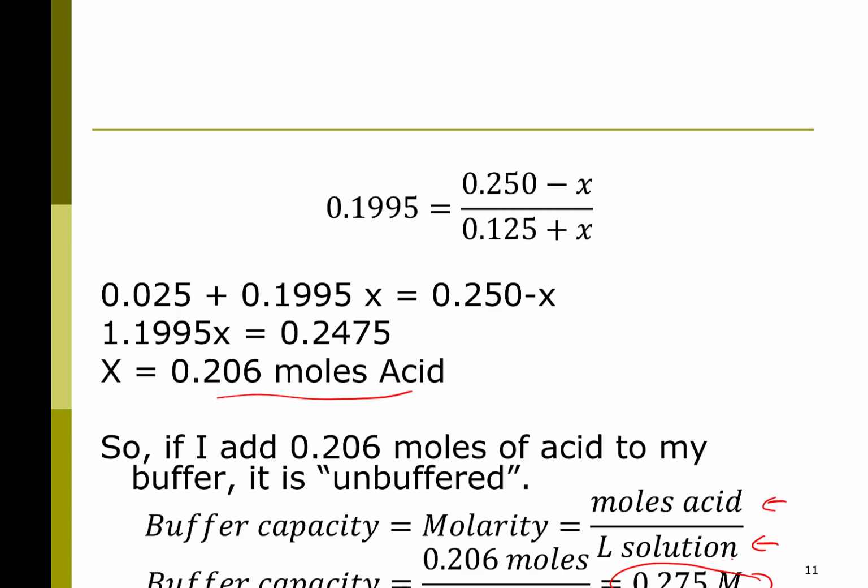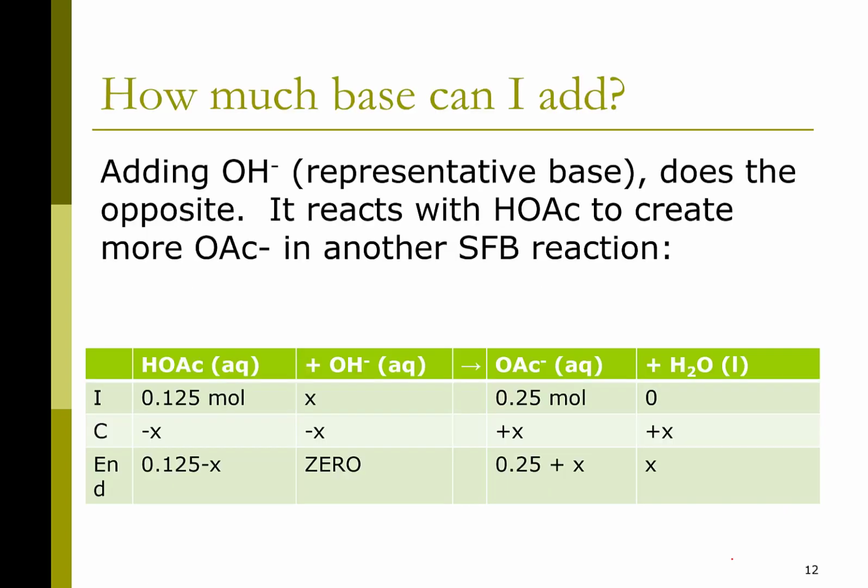The base buffer capacity would be different. Right? It's the same basic process. I'm now going to add an extraneous base. Let's call it sodium hydroxide. Again, it doesn't matter what it is. In this case now, I end up with a super big reaction as well, but now it's hydroxide reacting with acetic acid to give me acetate.